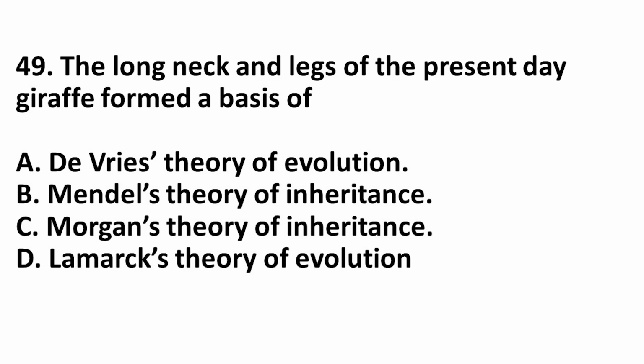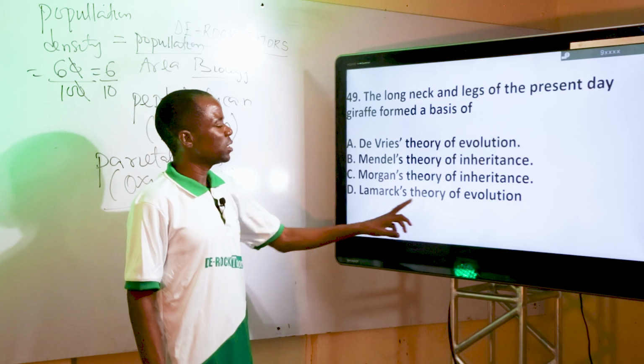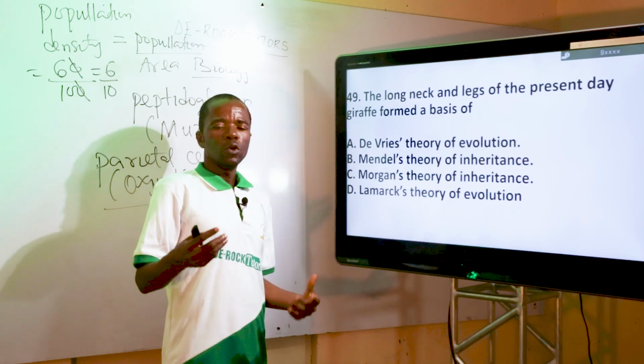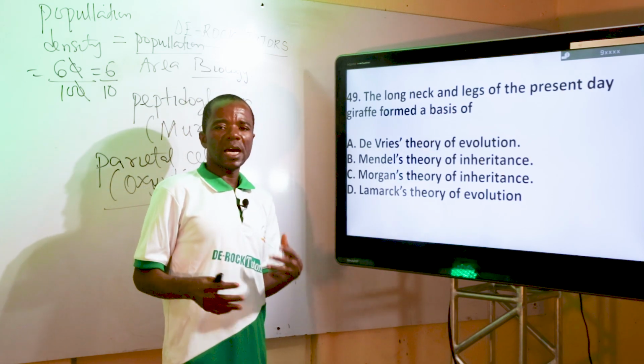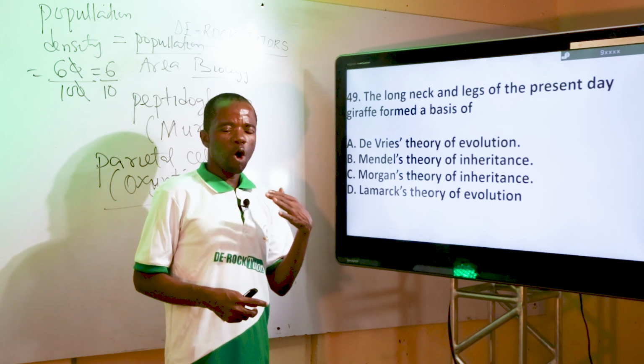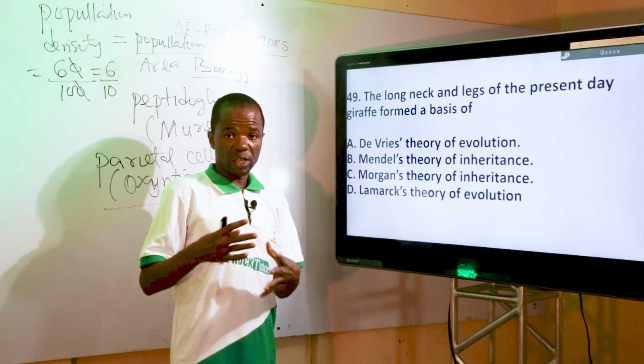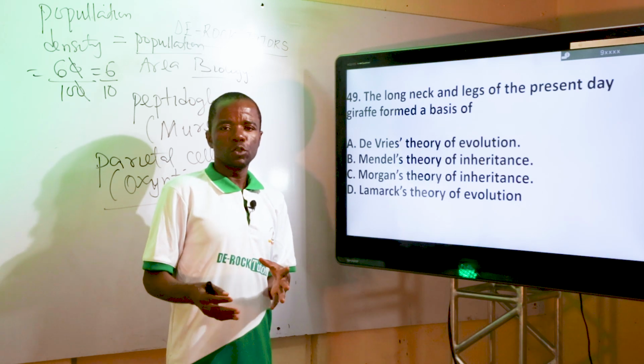The long neck and legs of the present-day giraffe formed a basis of Lamarck's theory of evolution. You remember that in Lamarck's theory of evolution, he brought about the idea of acquired characteristics being transferable. Although that's fallacious because that has been proven to be wrong.